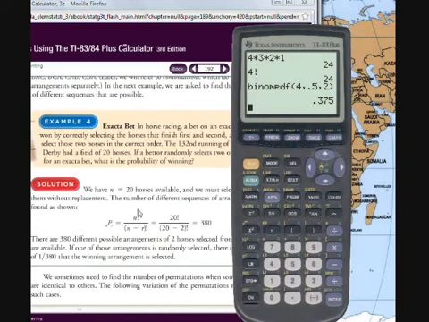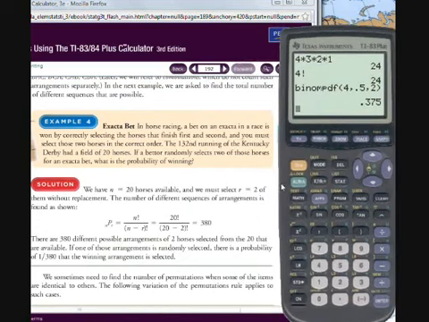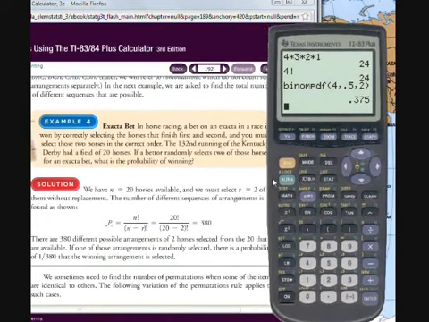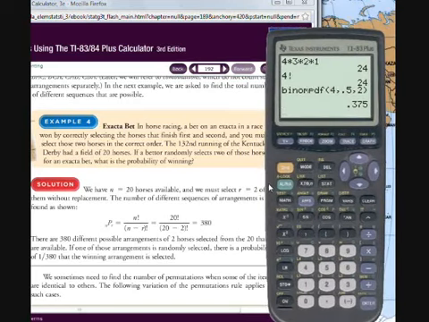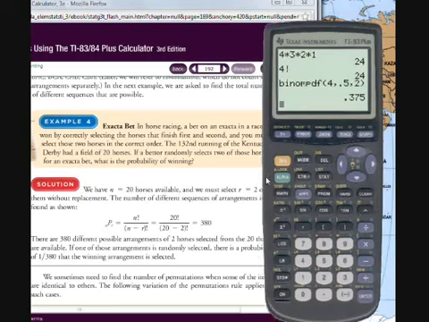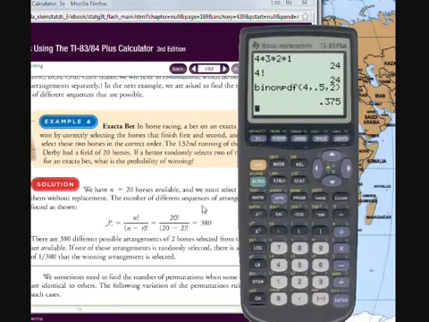And to come up with this thing on page 192, when you get to it, the book goes through a bunch of explanation, and I try to keep these videos short, but let me show you the calculator trick of how to get this thing.